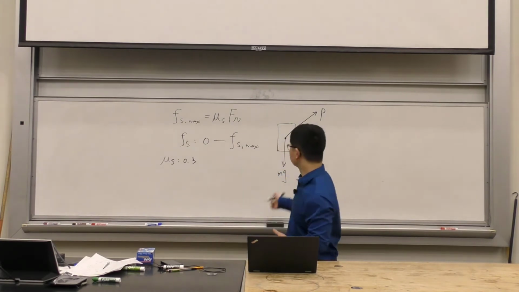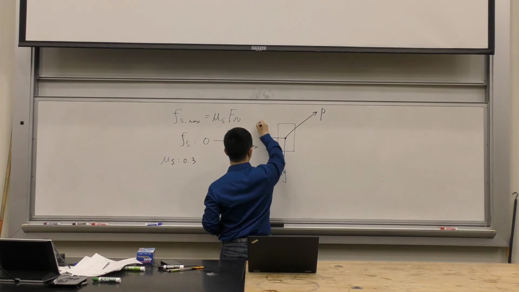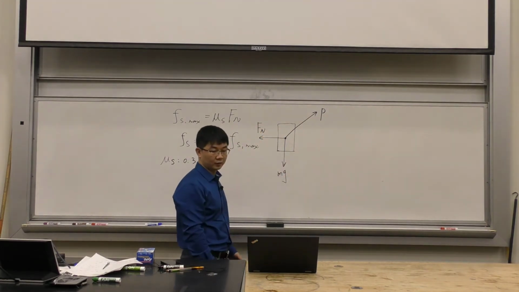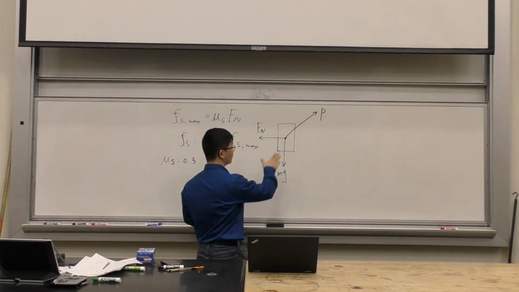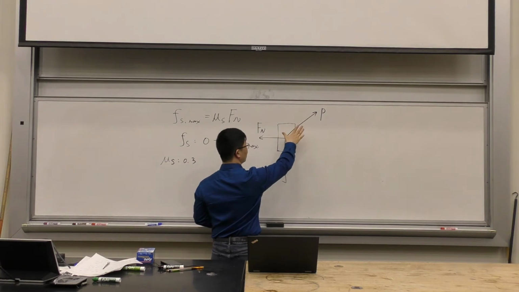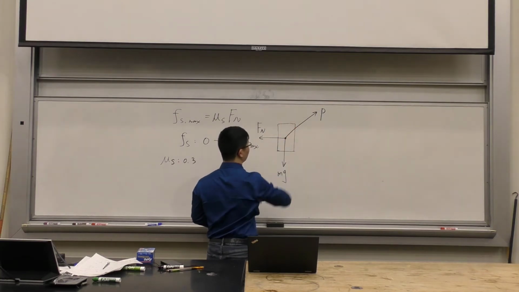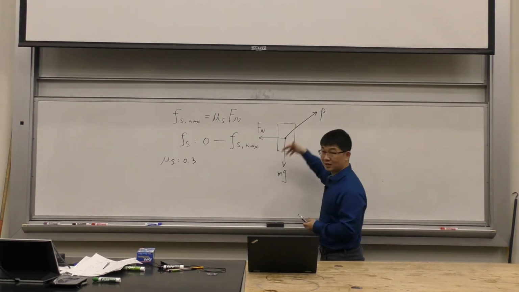In this case, because the surface is vertical, the normal force you draw should be perpendicular to the surface and in this direction, right? And then, if you push this guy up, at some point it's going to start to move up, right? So the force that keeps it stationary on this surface must be a static friction force, pointing down.